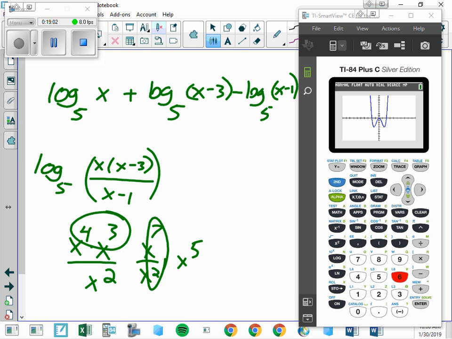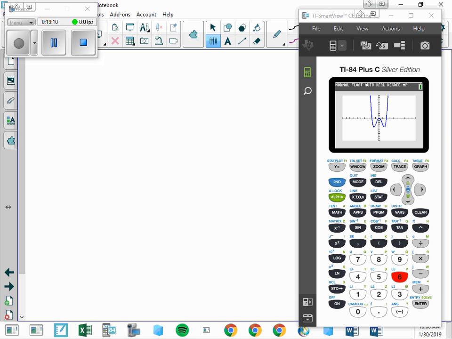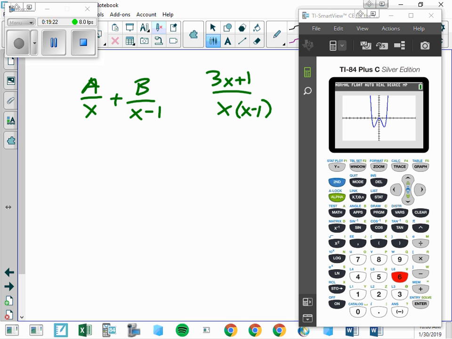Okay, do you want to see the partial fraction decomposition? Yeah. So 3x plus 1 over x times x minus 1. So I have a over x and b over x minus 1. This one needs an x minus 1, and this one needs an x.